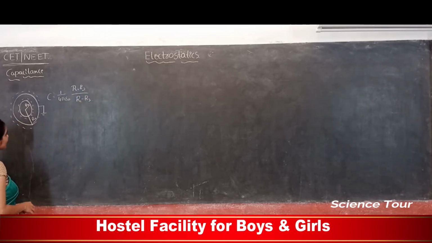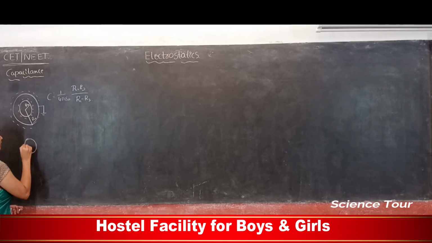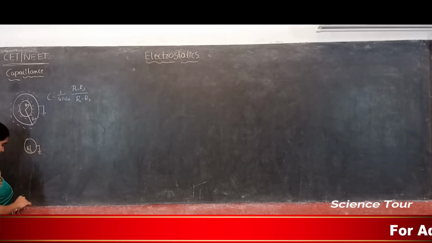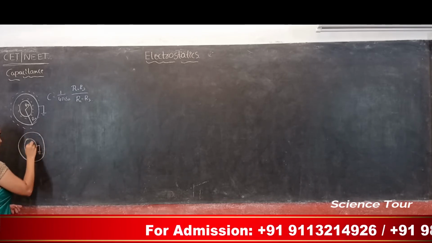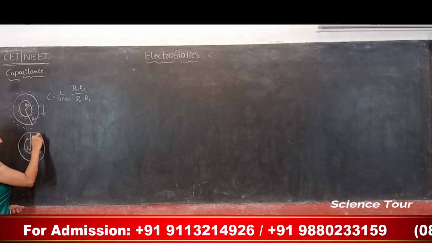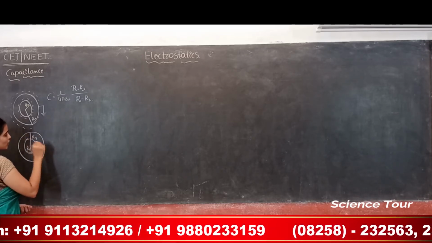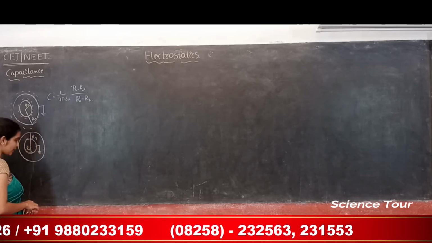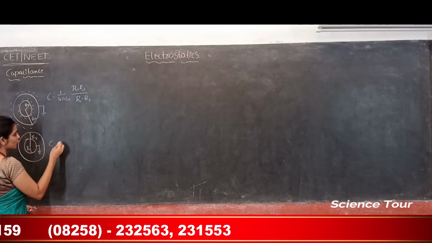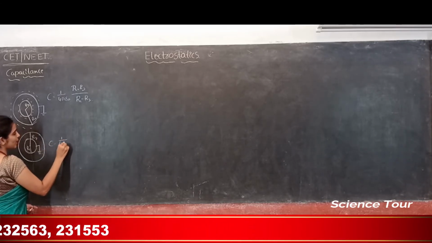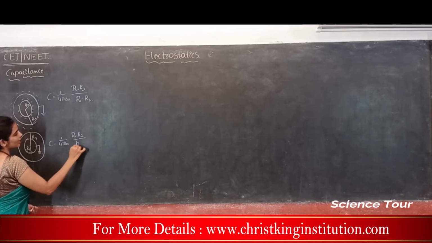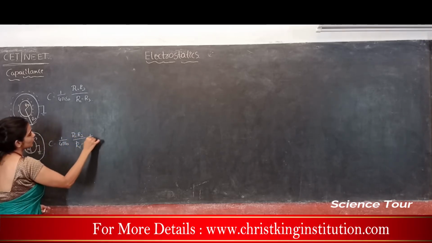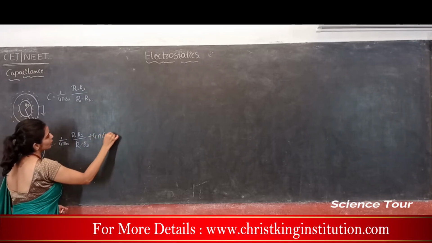If the inner one is grounded, this R1 is grounded, whereas the sphere of radius R2 is not grounded. This is charged and this is grounded, then the capacitance will be 4 pi epsilon naught R1 into R2 divided by R1 minus R2 plus 4 pi epsilon naught R1.